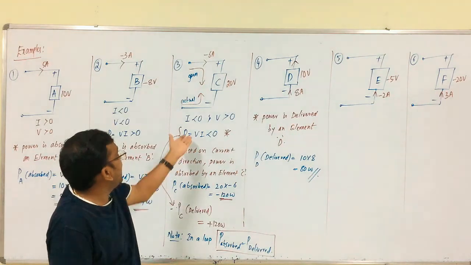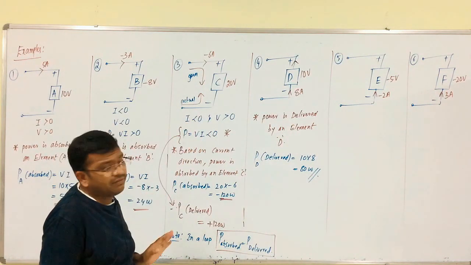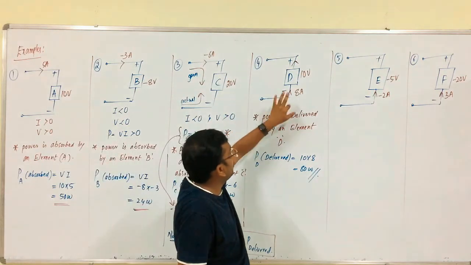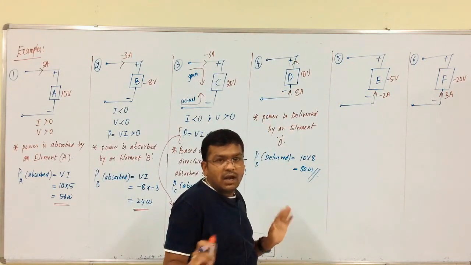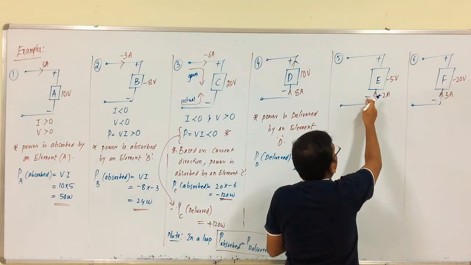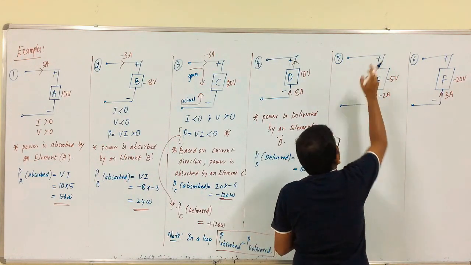There is no need of writing like this, I less than 0, V more than 0, like this. Simple, by seeing the direction of the current, you have to tell whether the power is delivered or absorbed. Okay. From this, here the current is entering the minus terminal and leaving from this positive.